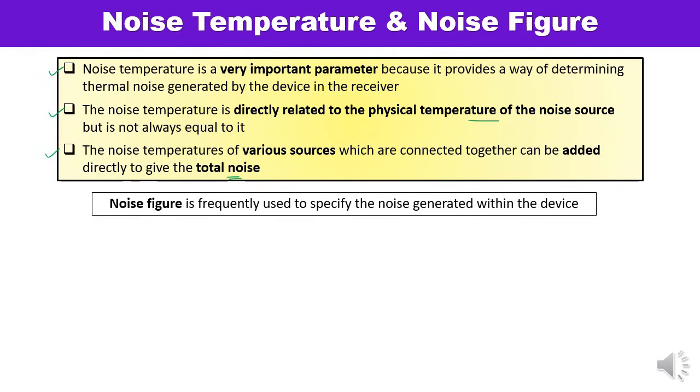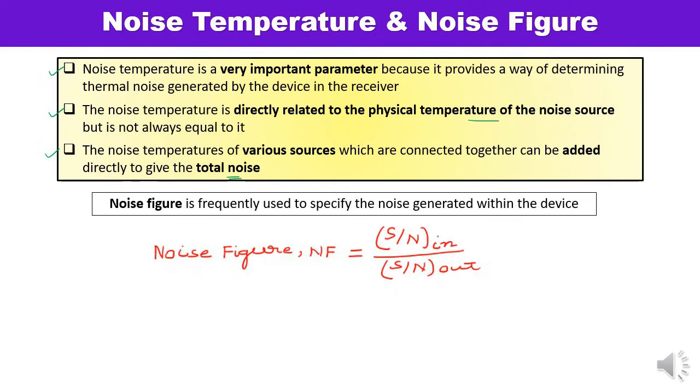Noise figure is used to specify the noise generated within a device, and it is the ratio of the signal to noise power at the input to the signal to noise power at the output. Mathematically it can be written as S/N of in upon S/N of out.